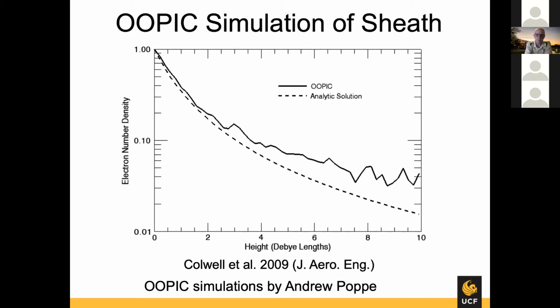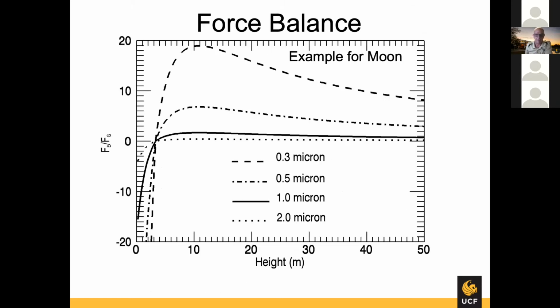But it shows reasonably good agreement between the simple analytic solution and what you get from a more detailed computer simulation of that plasma sheath. So that's all just to say that you can come up with a reasonable numerical simulation of the charging and plasma environment near the surface of an asteroid or the moon.